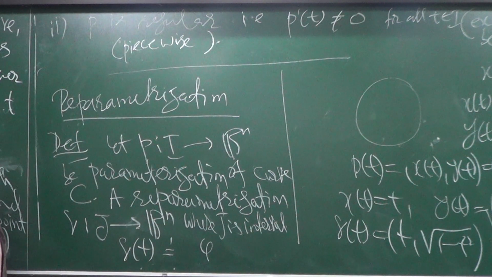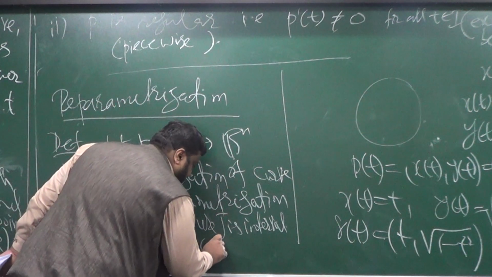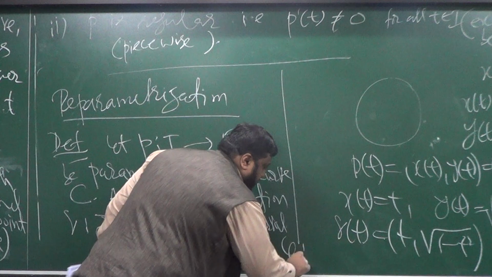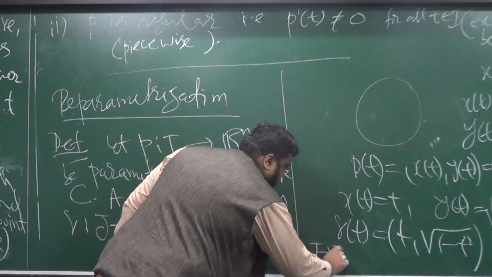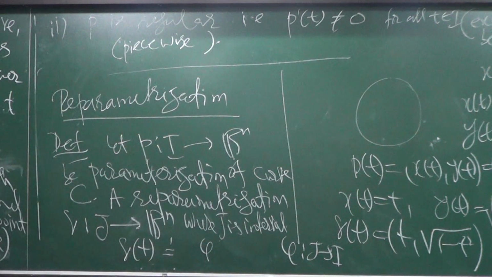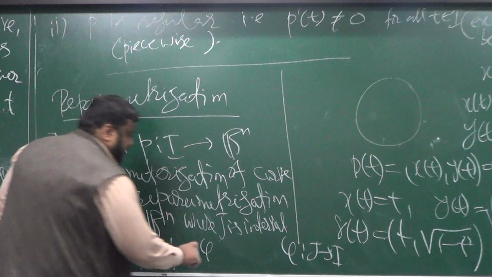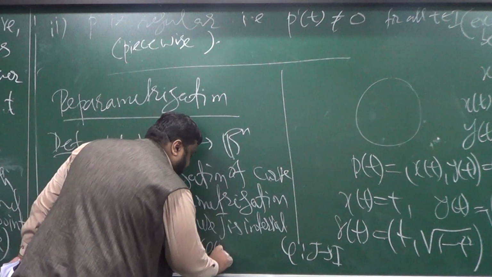Okay? You have to map a phi, and that phi is a map from J to I. I'll make a picture of it. You will see what it means. So phi is a map from J to I.